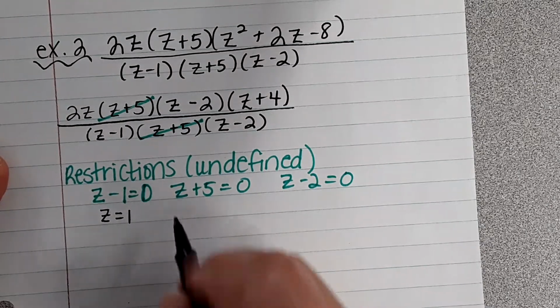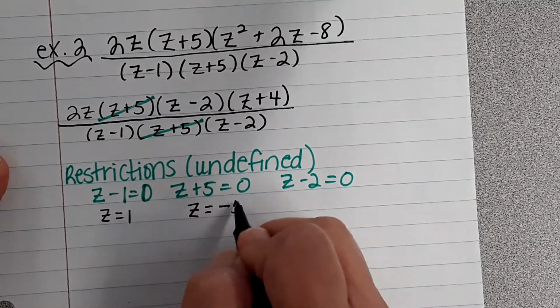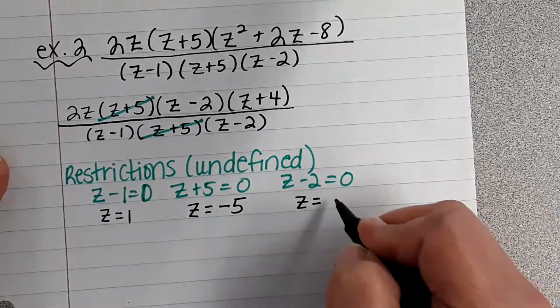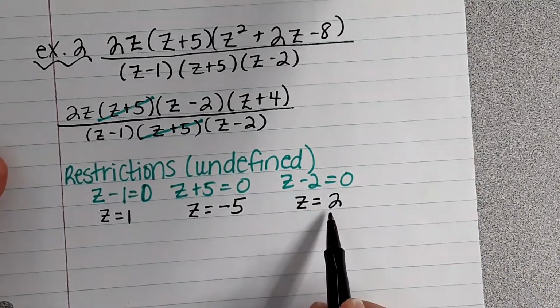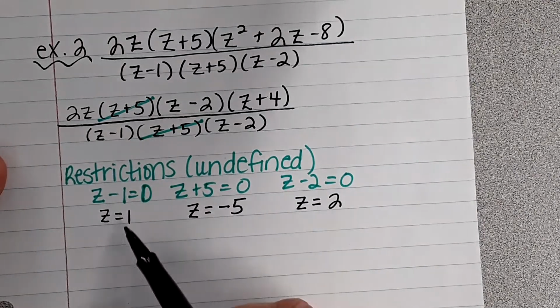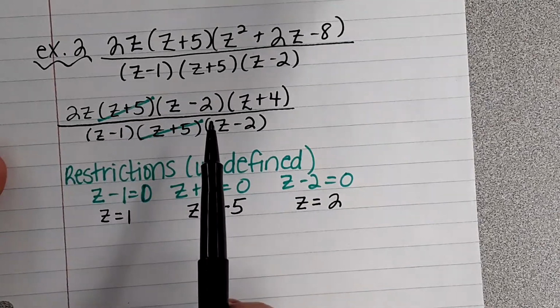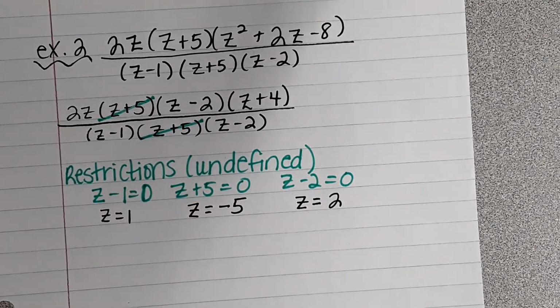Here, z plus 5 equals 0, so what z can't be? Negative 5. And on this one, z minus 2 equals 0. 2. These three right here, we're going to use those, but that means that if I plugged in any of these numbers into this rational expression, it would be undefined. My range would be undefined.